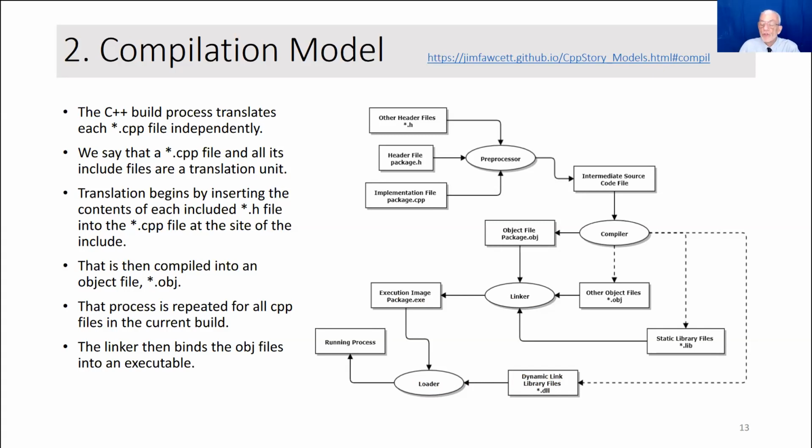And also that source code may be shared by many different execution images. So for lots of reasons, we don't want those dynamic link libraries bound into the execution image. So when we load, then the loader has to do that final resolution of unresolved references, just like the linker.